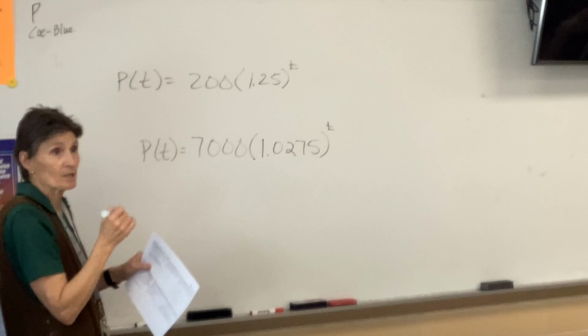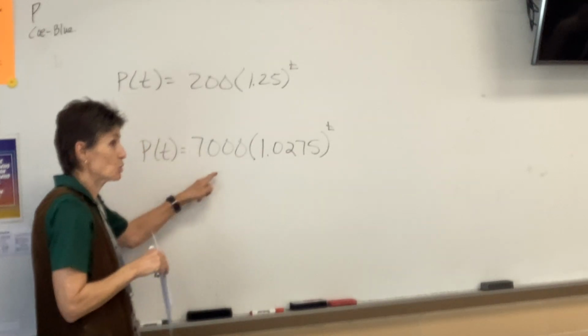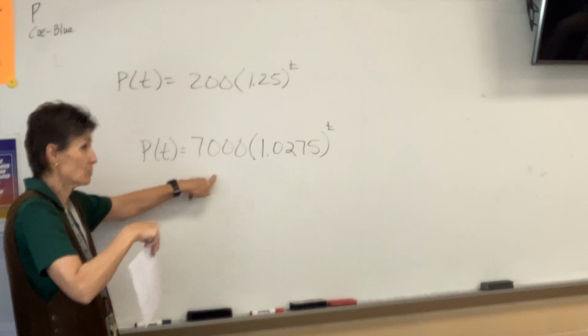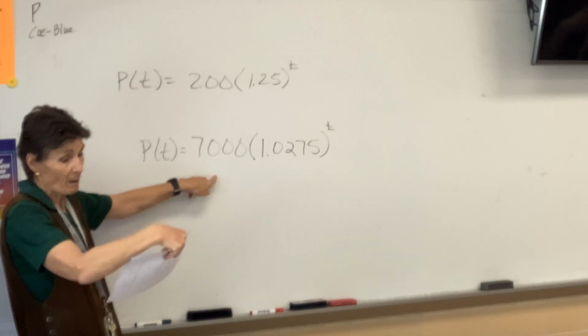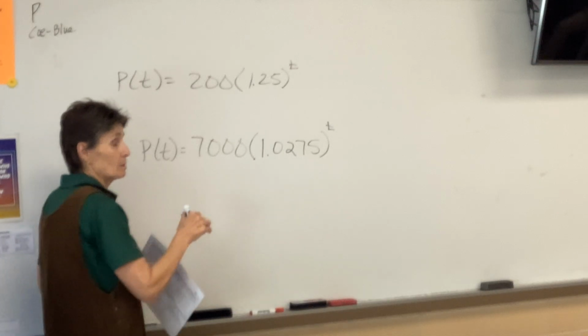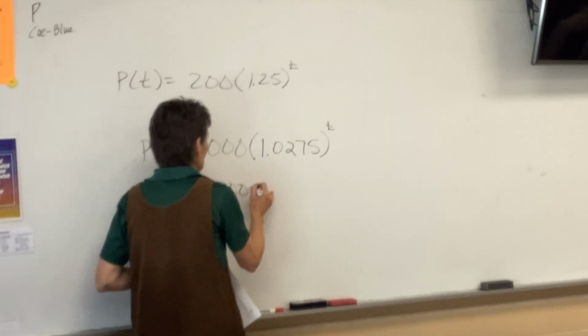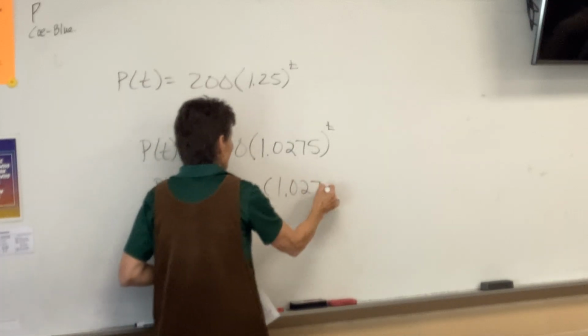But now I need to actually use the formula. So this 7,000 is the initial population in the year 2000. I want to know the population in the year 2020. So what am I going to do? Put in 20. I'm going to find P of 20. And I will put that into my calculator.